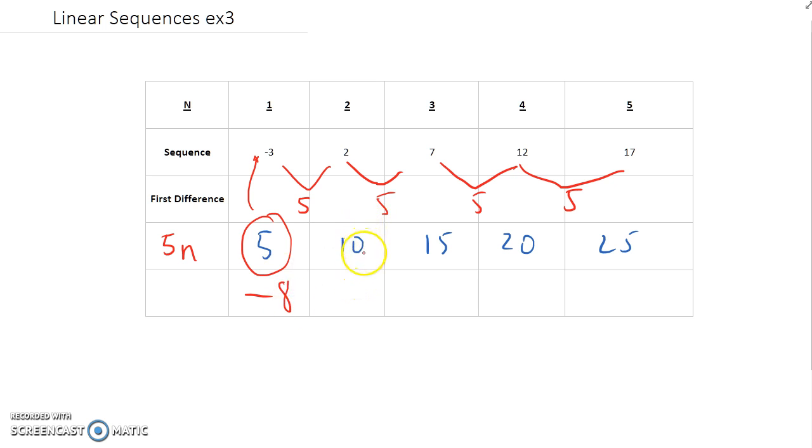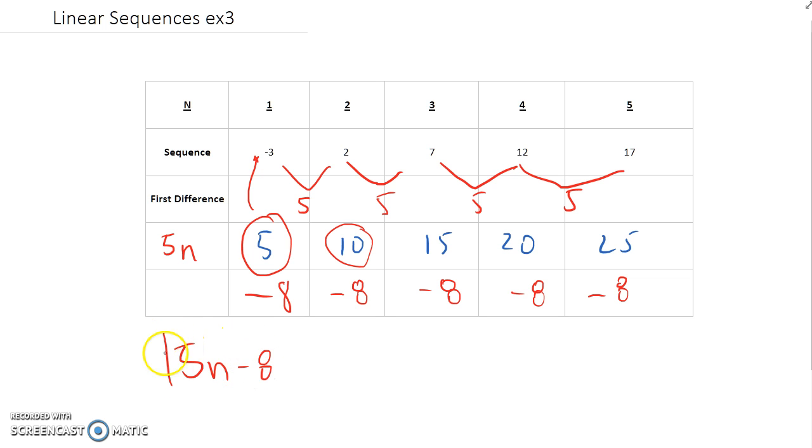So now, if I asked you what the next number is going to be, how do I make 10 turn into a 2? Or in other words, what is the difference between 2 and 10? Well, it's minus 8. And again, you'll see this one's minus 8, minus 8, minus 8. So therefore, what we can do is combine these two and say 5n minus 8.